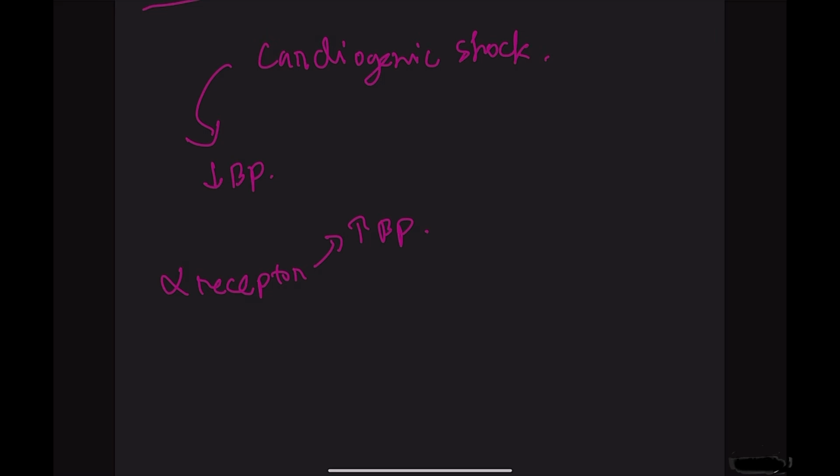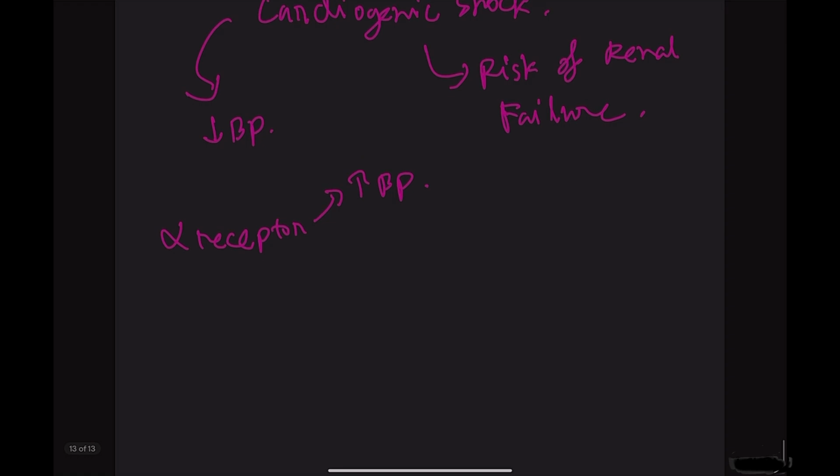But we don't use adrenaline in cardiogenic shock, because in cardiogenic shock there is a risk of renal failure, because renal output is less, so it increases the risk of renal failure.